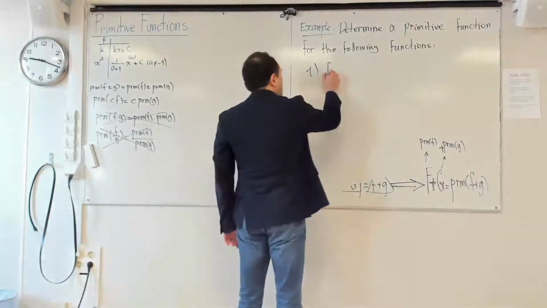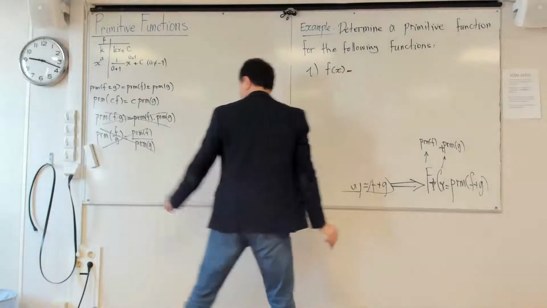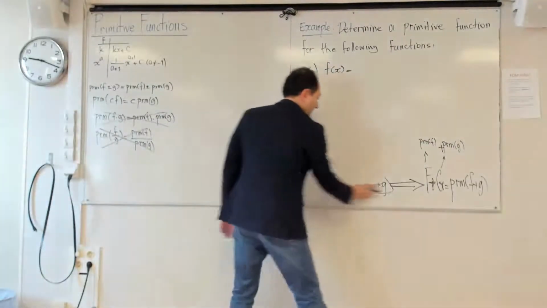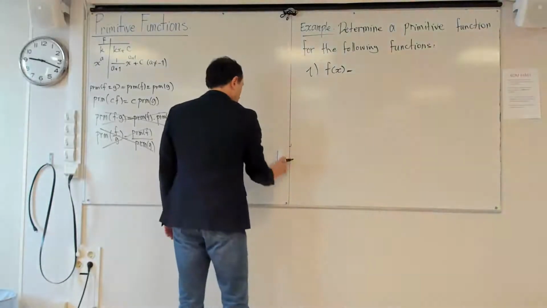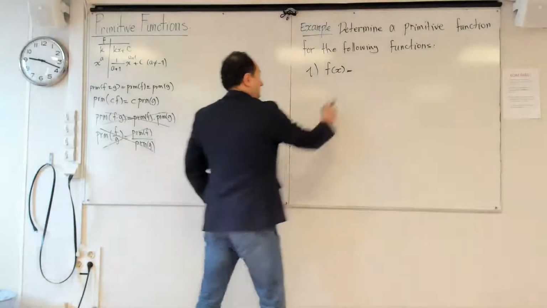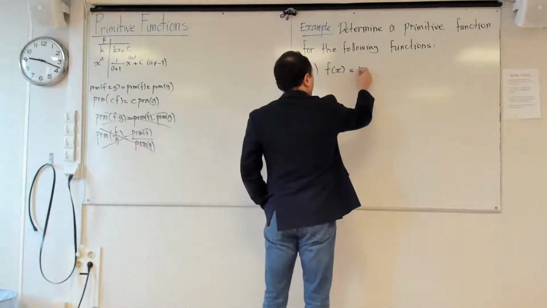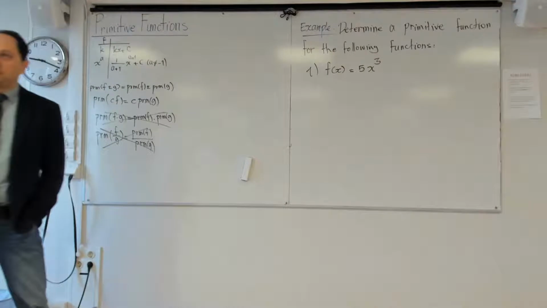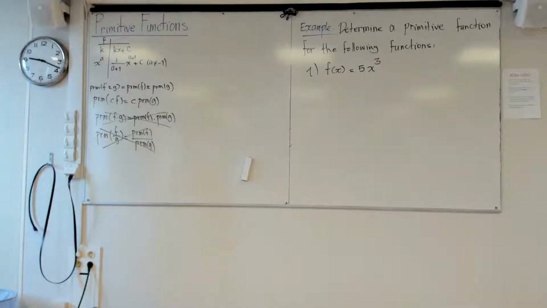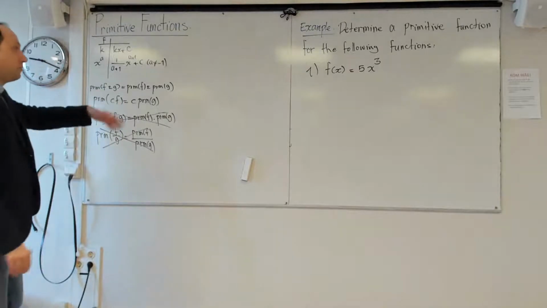So f of x is equal to 5x to the power of 3. I want to start with very, very simple ones. I want to find a primitive function for this simple function, but I don't want you to every time guess.